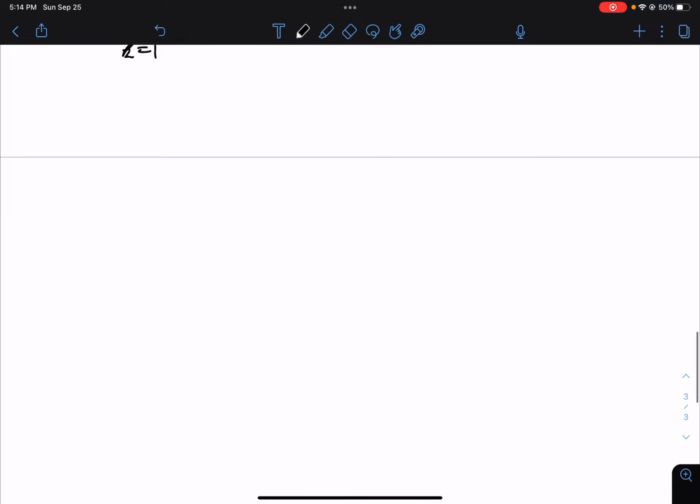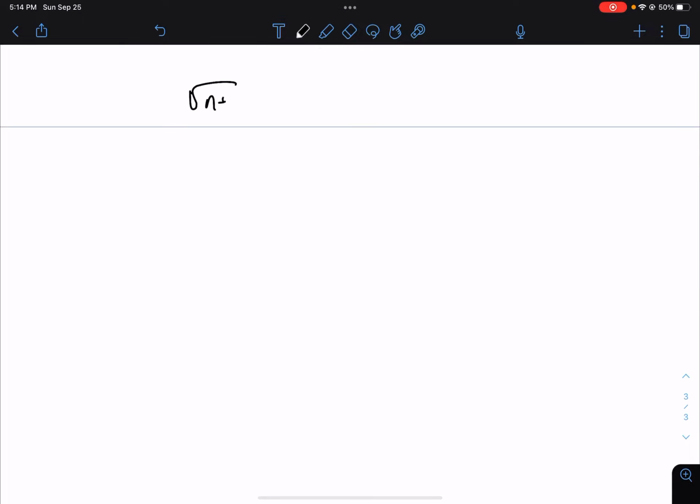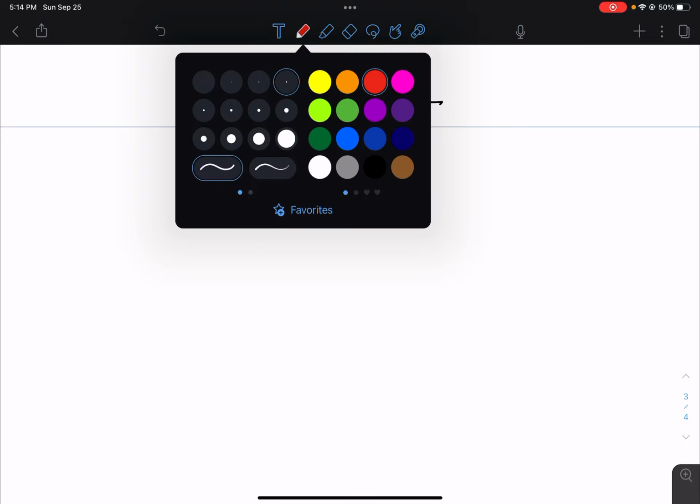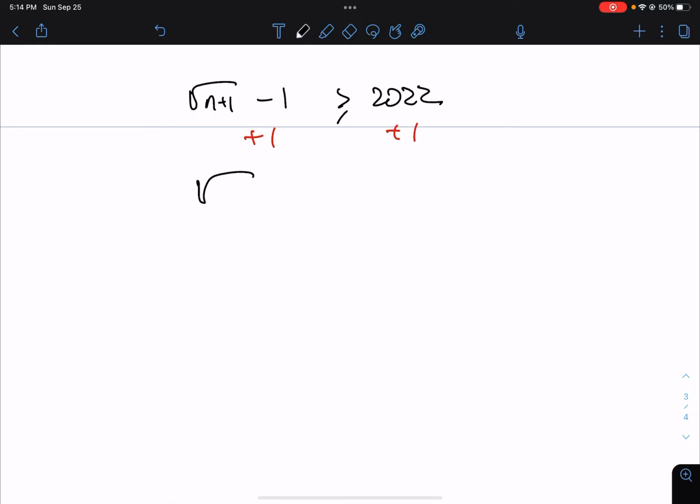So now we can just solve the inequality. So we have square root of n plus 1 minus 1 superior or equal to 2022. We just add 1 to both sides, which gives us square root of n plus 1 superior or equal to 2023.